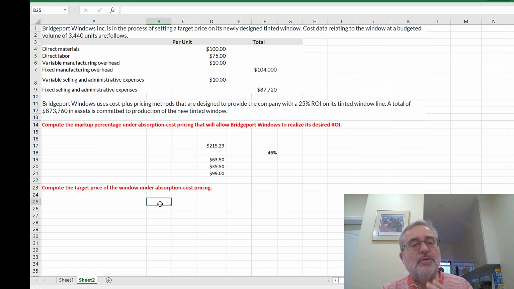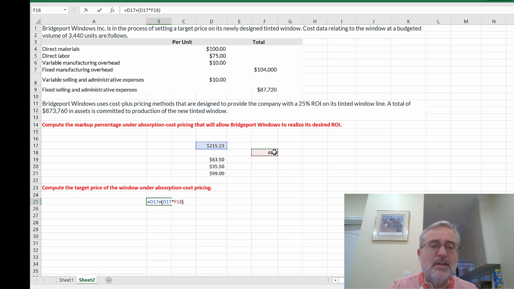Okay, now we want to use this information to identify the targeted price. The targeted price is going to be the cost, which is 215, and then we're going to add to this the markup, which is 215 times the 46%.